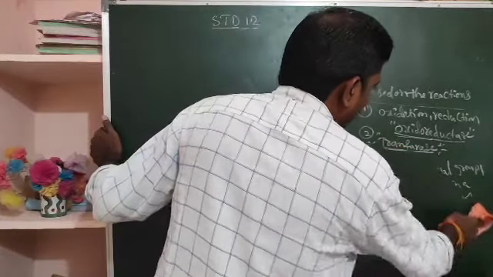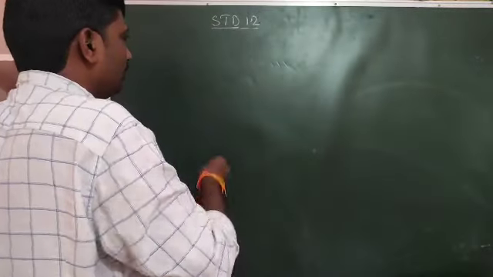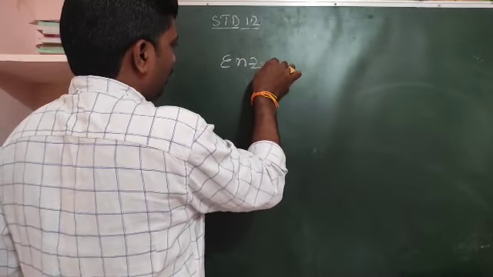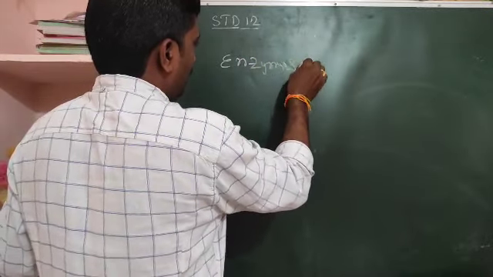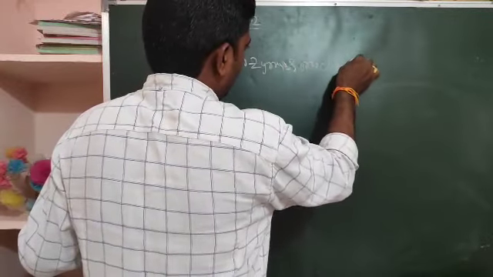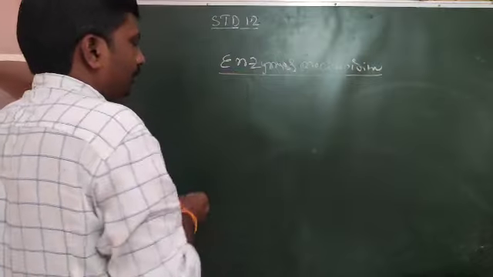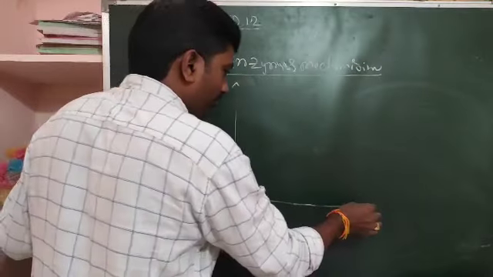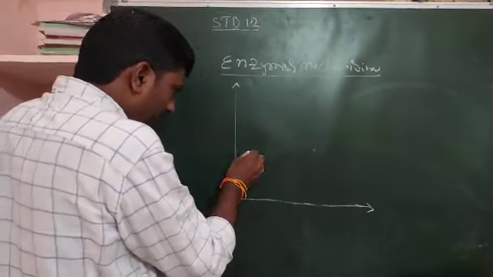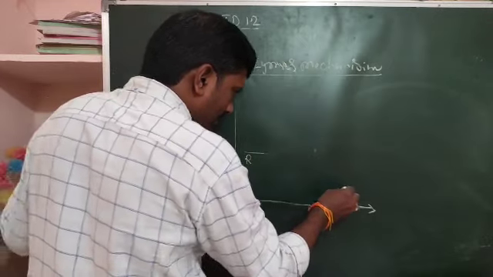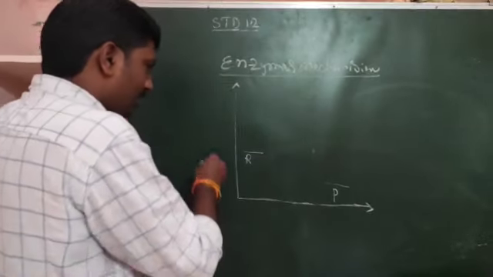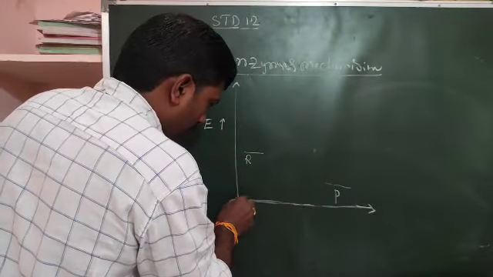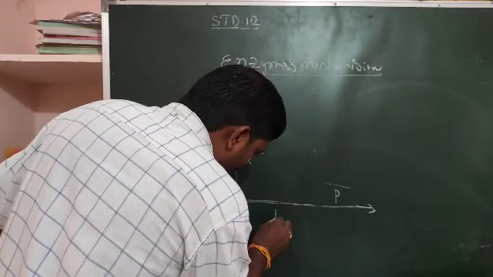Now, the mechanism of enzymes. What is the mechanism? This is a graph. This is the reactant, here is the product, and on this side we take energy, and this is the reaction coordinate.